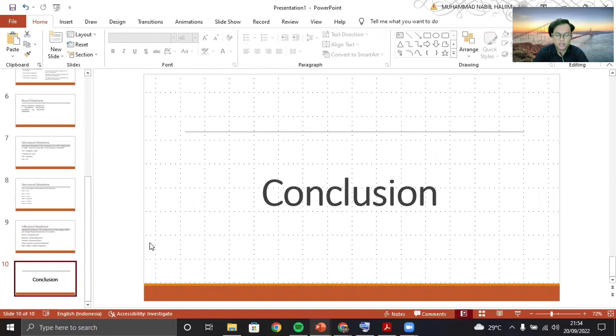And inside morphology there are morphemes to create a new word meaning, and change the word class from verb to noun, or verb to adjective, or adjective to adverb, and so on.